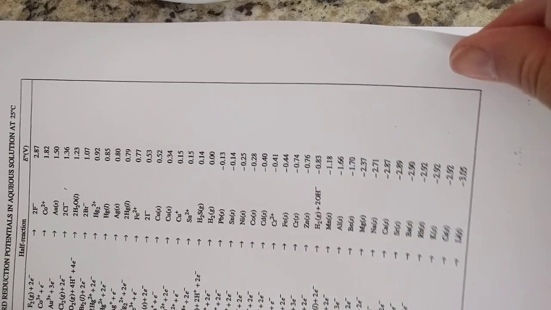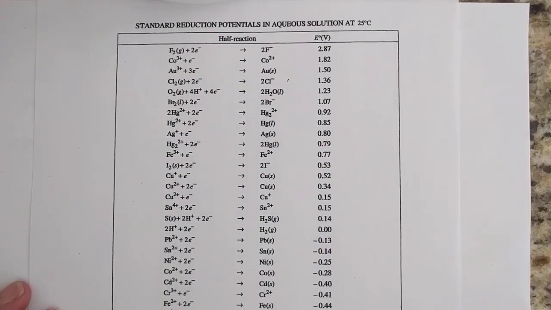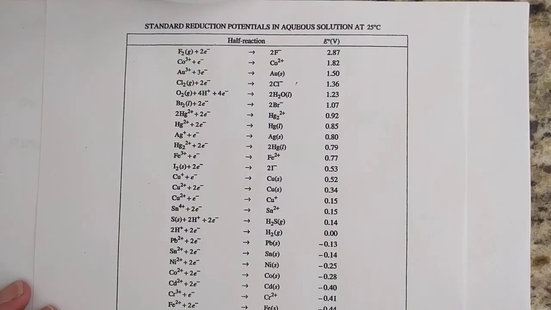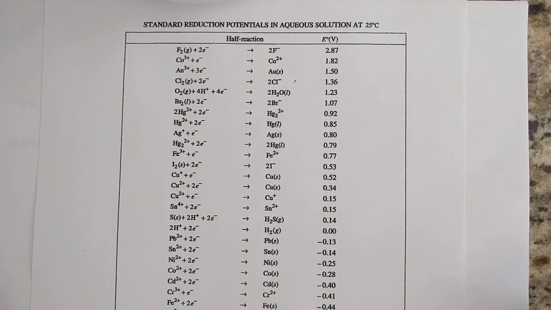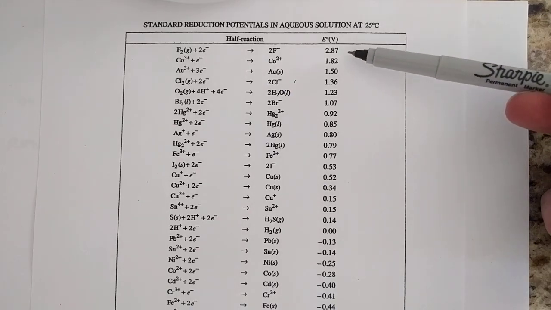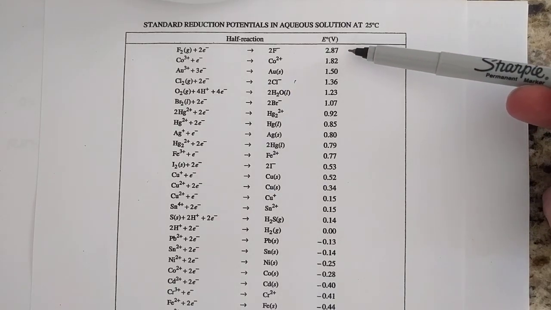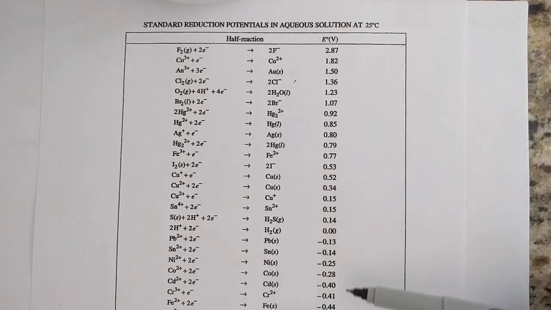So here is a standard reduction potential chart. So that would be the E0 of the reduction, 25 degrees C. So standard means that our solution concentrations are 1 molar. And the way this chart is organized is that we go from the highest E0, the most potential, to the lowest, and that it goes into negative numbers.